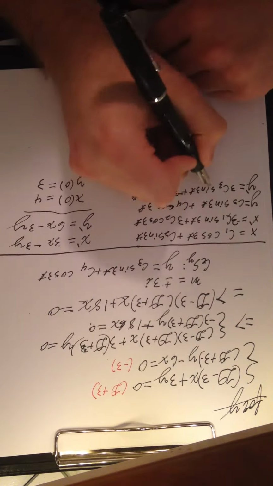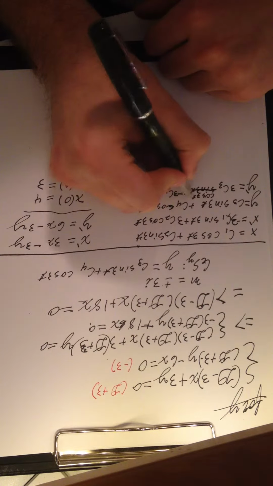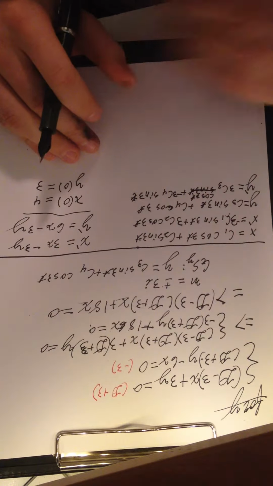I'm sorry, the first term isn't supposed to be a sine, it's supposed to be cosine of 3t. So now we have figured that out.